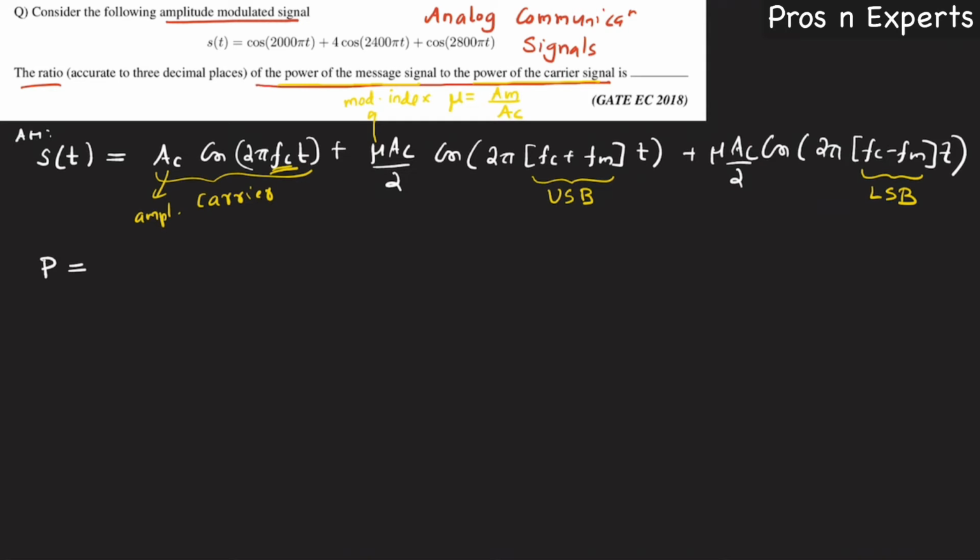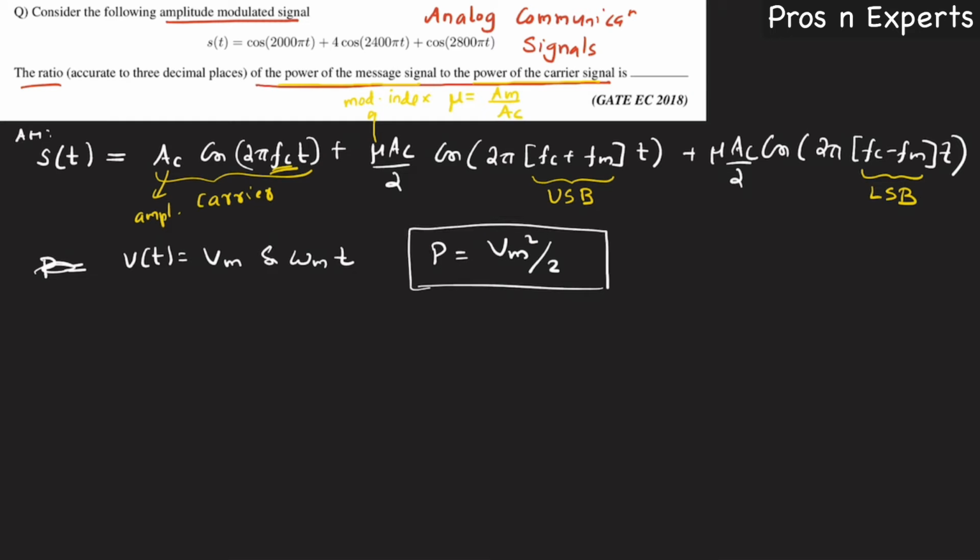If the signal is v of t equals Vm sin(omega m t), then power is equal to Vm square by 2. You don't have to derive anything, just take it as a capsule and remember P equals Vm square by 2, amplitude square by 2. So here, what is the power of the message signal?